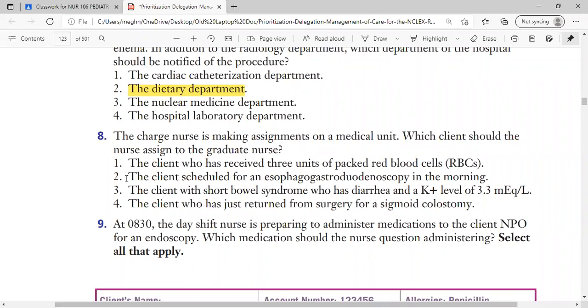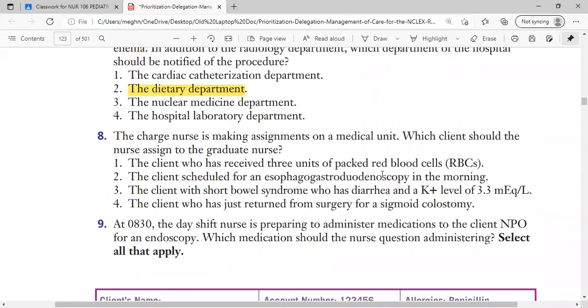And number 2, the client scheduled for an esophagogastroduodenoscopy in the morning. So this patient is stable. Some routine procedures before preparation for the scopy.